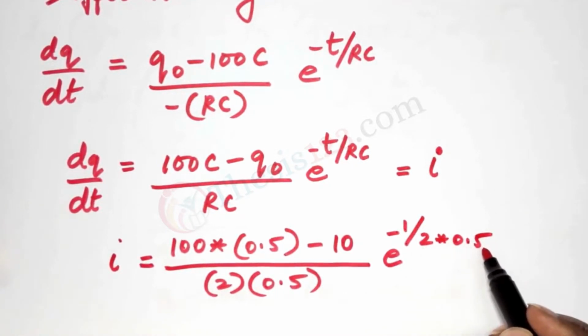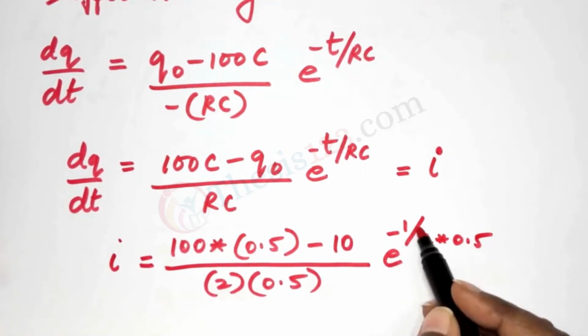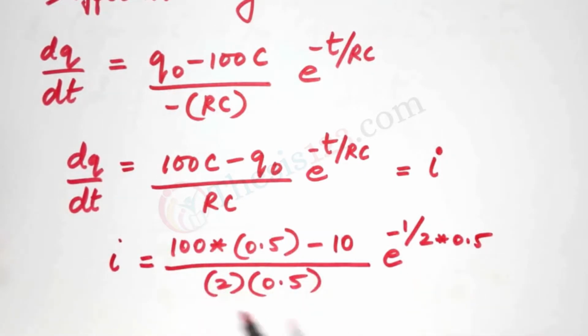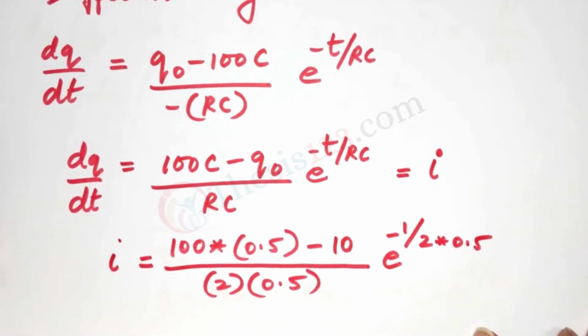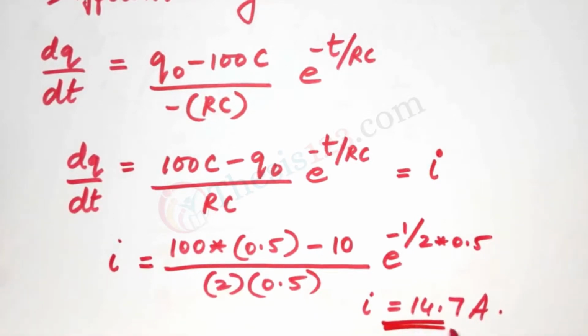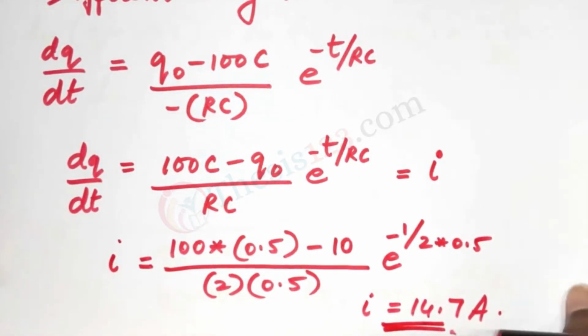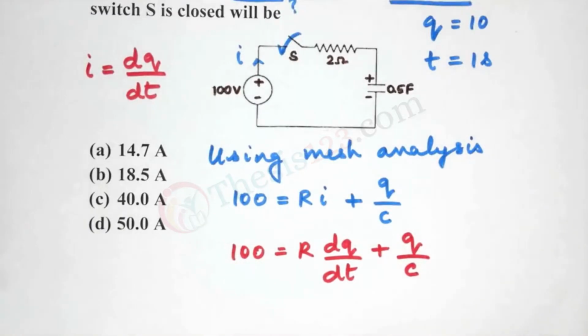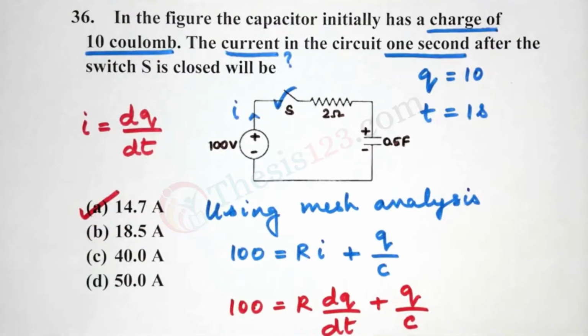Now 2 times 0.5 is 1, which makes it e power minus 1. Now solving this entire portion, you will get the value of I. So here the final answer of I is 14.7 amps. You can solve it and check. You should get the value of 14.7 amps. And 14.7 amps matches with option A. So for this question, the final answer is A, 14.7 amps.